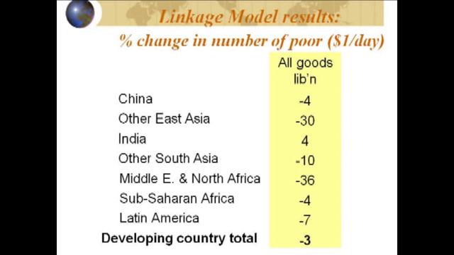In this linkage model, the welfare gain for developing countries would be nearly 2 times that for high-income countries. So in that sense, there's a reduction in international inequality in the very broad sense. And agricultural reforms are responsible for 70% of that gain, 72% I think, of that gain for developing countries.